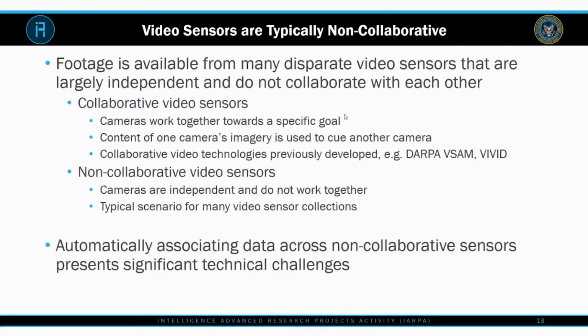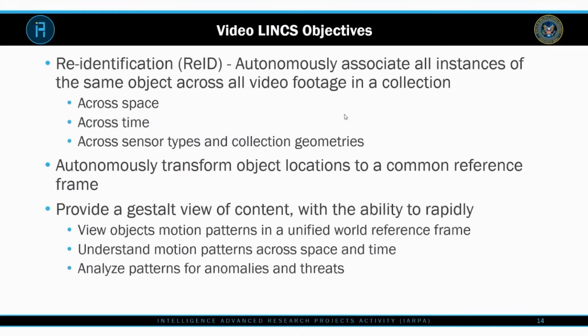Automatically associating data across non-collaborative sensors presents significant technical challenges. The objectives of video links are to perform re-identification, to autonomously associate all instances of the same object across all video footage in a collection, across space, across time, and across sensor types and collection geometries, and to autonomously transform object locations to a common reference frame.